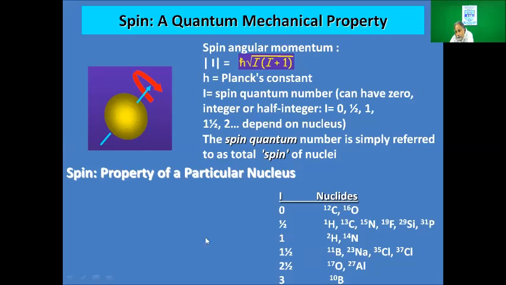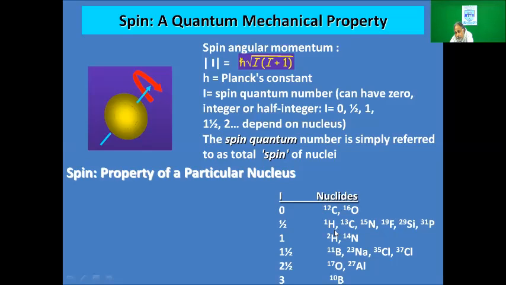So depending on this I value, we have different types of nuclei. For an even number of protons and even number of neutrons, like carbon-12 (12C6) or oxygen-16 (16O8), where both the proton and neutron numbers are even, I is equal to 0. For nuclei like 1H1, 13C6 or 15N7, the spin value I is equal to half.